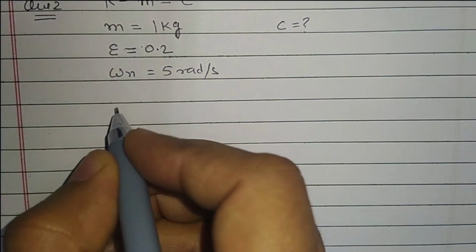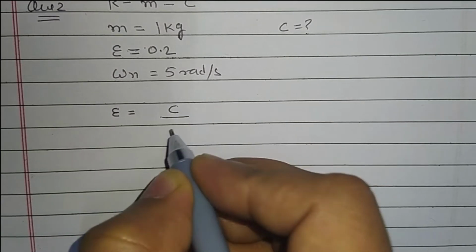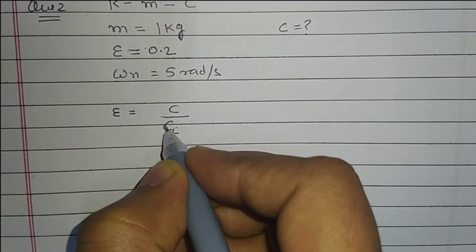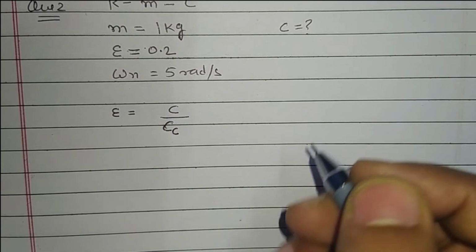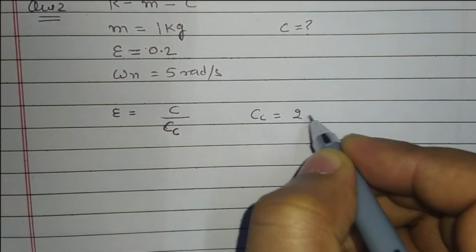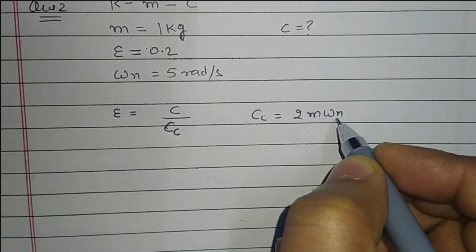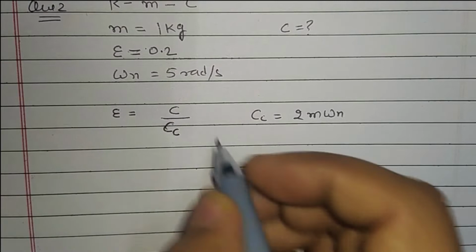Yes, the damping ratio is nothing but the ratio of the damping of the system and the critical damping. Critical damping is given by the formula 2m omega n, where m is the mass and omega n is the natural frequency.